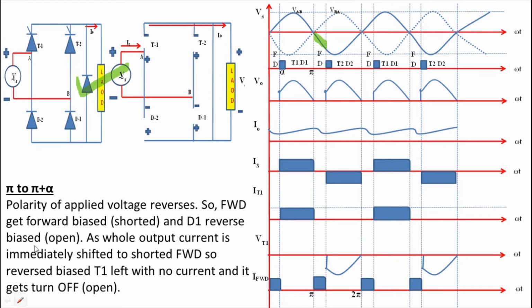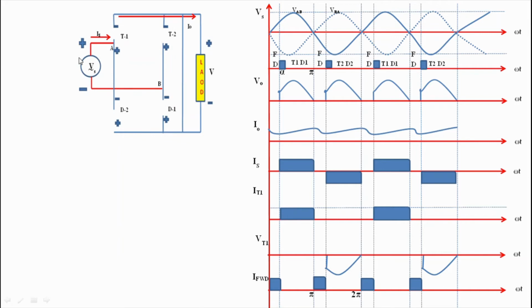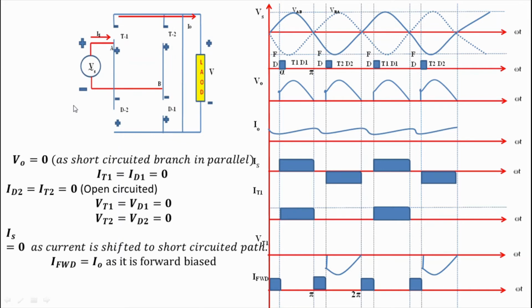So no current will flow through T1, D1, D2 and T2. So we can write IT1, ID1, ID2 and IT2 all equal to 0. Also Vd1 equals Vd2 equals Vt1 equals Vt2 and that is equal to 0. Only we get the freewheeling diode current that is equal to I0.